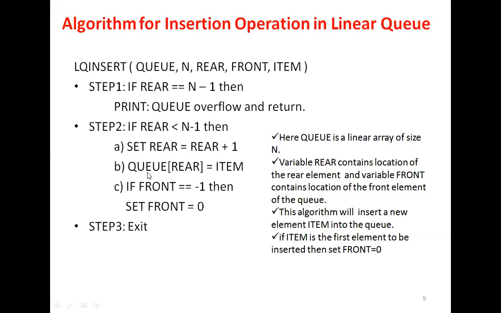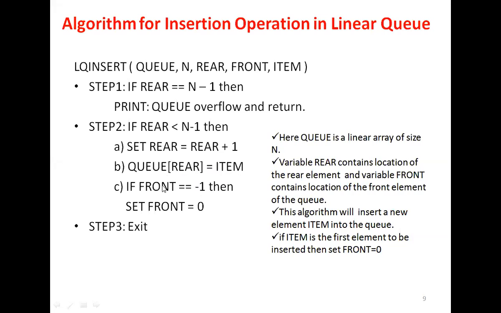And after that, you insert the value. How to insert? You just assign the value to this array. So Q[rear] equals item. This rear is actually the index of the array, right? So Q[rear] equals item. We are assigning the value.